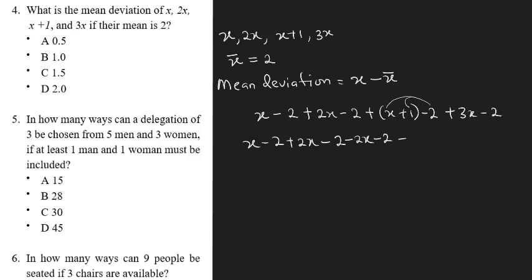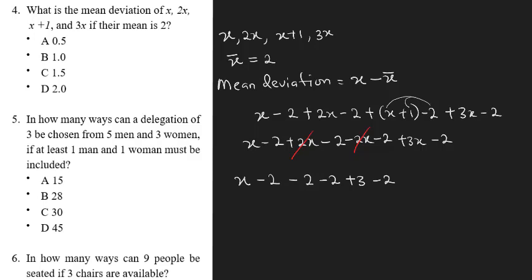Then we have our plus 3x minus 2. So if you check, some things will cancel because plus 2 and minus 2 will be 0. So we are left with what? We are left with x minus 2. Then we have minus 2 minus 2 plus 3x minus 2.